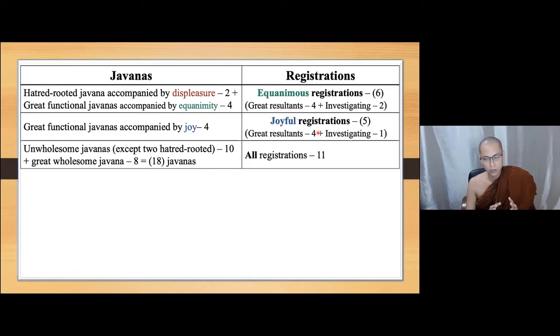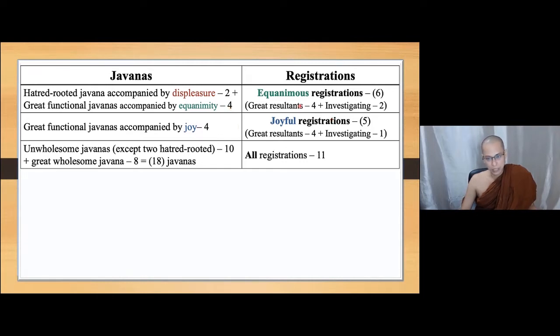Whenever you explain the cognitive process, you need to identify every mind moment of the cognitive process in this way. If the Javana is a great functional Javana, because it arises in the process of the Arahat, you can identify any of the functional Javana accompanied by equanimity or joy.